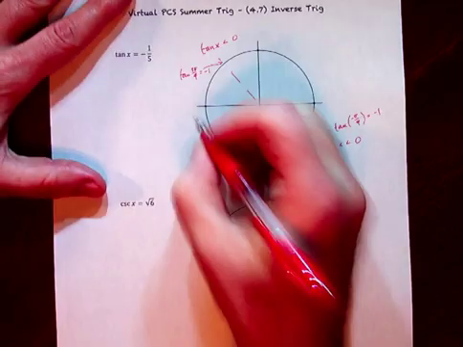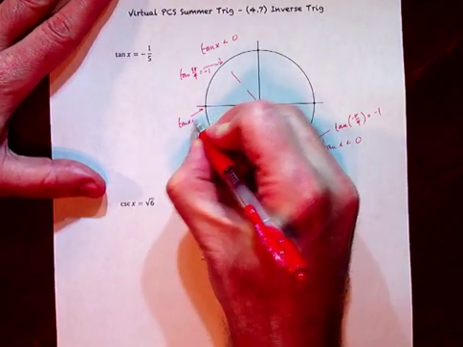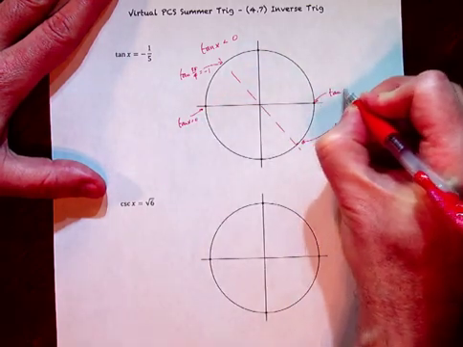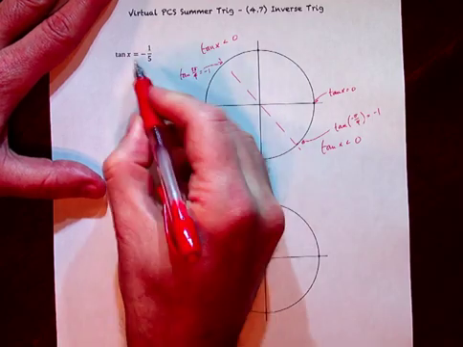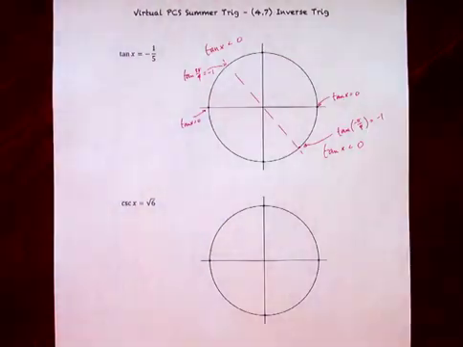But I also know that here tangent of x is equal to 0, because that's where sine is equal to 0. And here, tangent x is equal to 0 as well. So my 1/5 has to be somewhere in here where the sine ratio, like the vertical measurement of the ordered pair, is 1/5 of the horizontal.